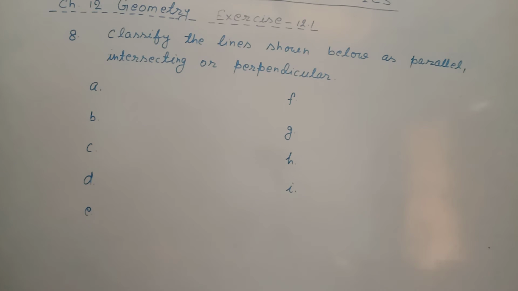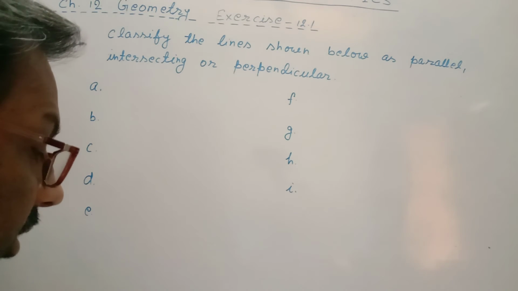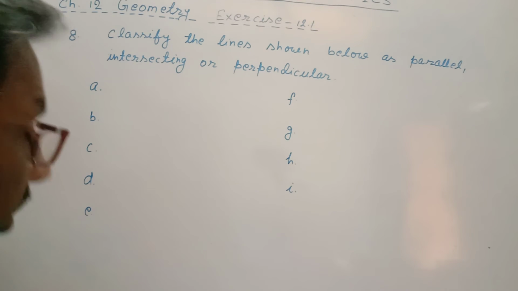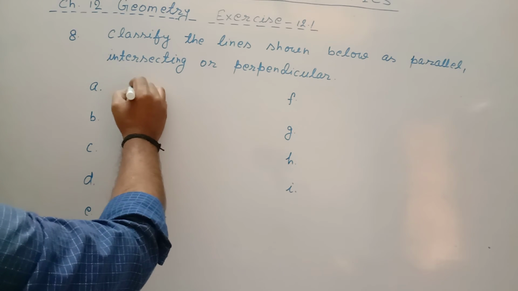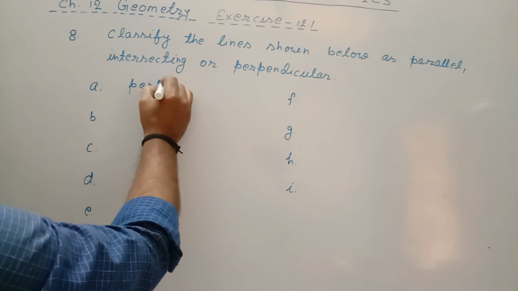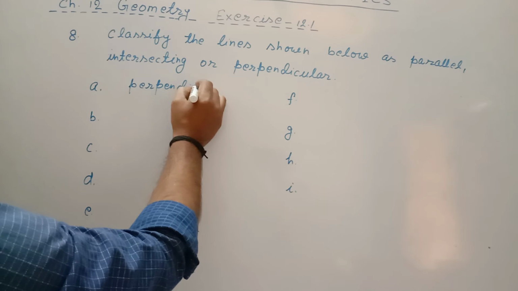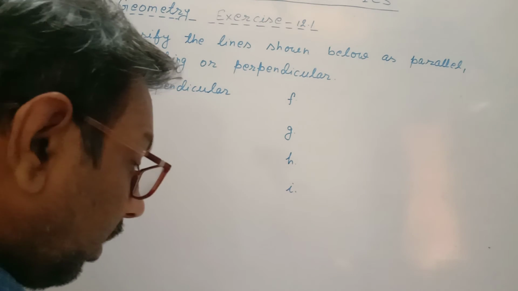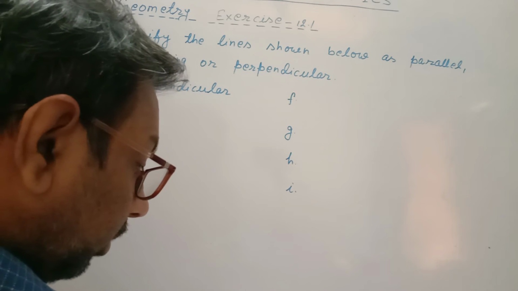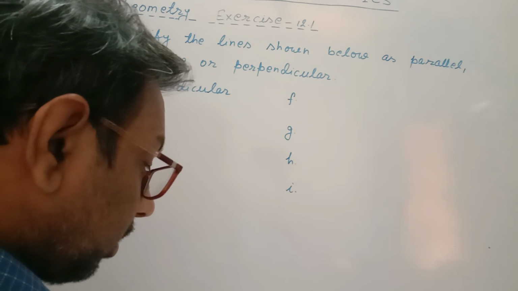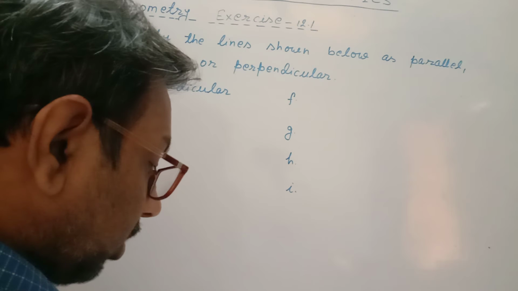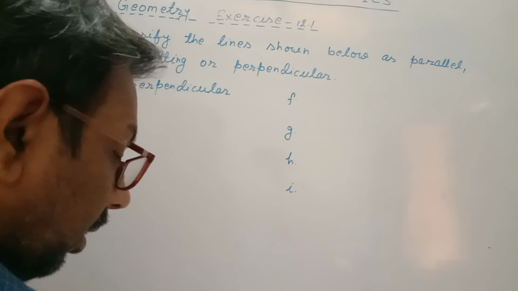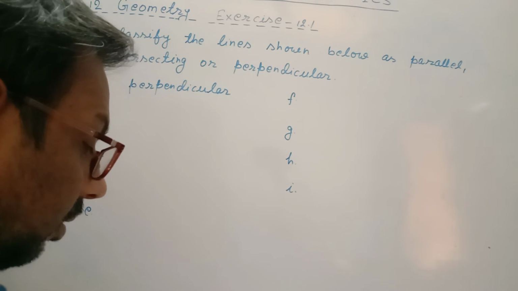In question number 8, classify the lines shown below as parallel, intersecting or perpendicular. Figures are given in the book. In question number 8a, those two lines are perpendicular lines. So we write here perpendicular. In question number B, two lines are drawn.